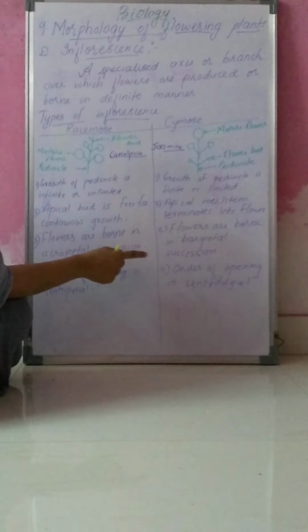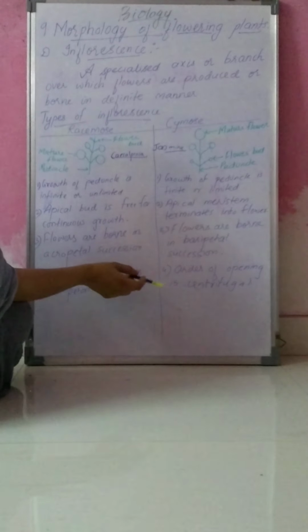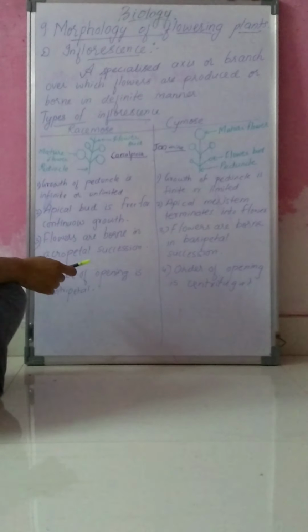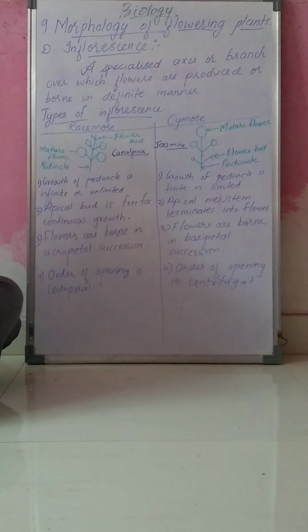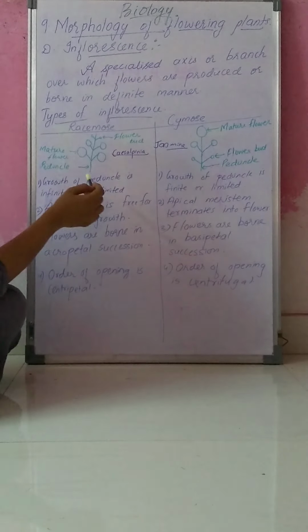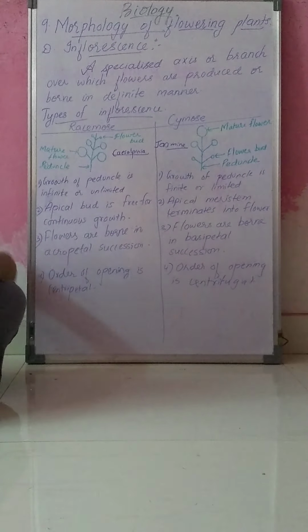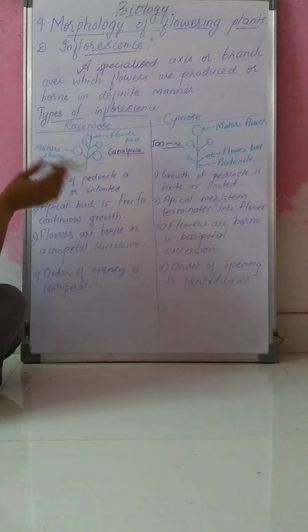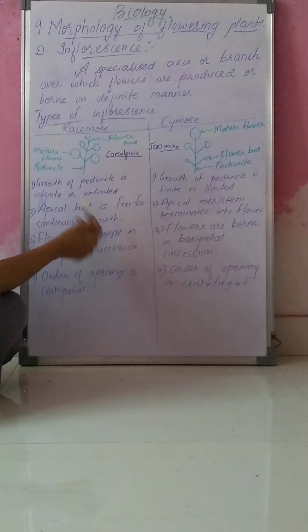And hence their order of opening is known as centrifugal. The order of opening is known as centrifugal. Now we see how to distinguish between racemose and cymose inflorescence. See, a question for this inflorescence topic can be asked in different manners.